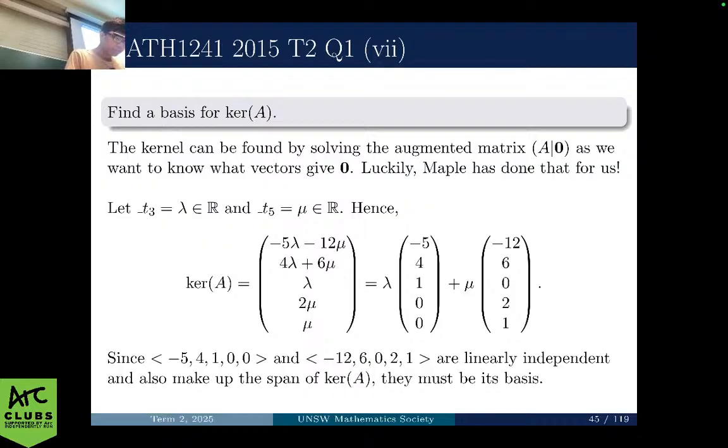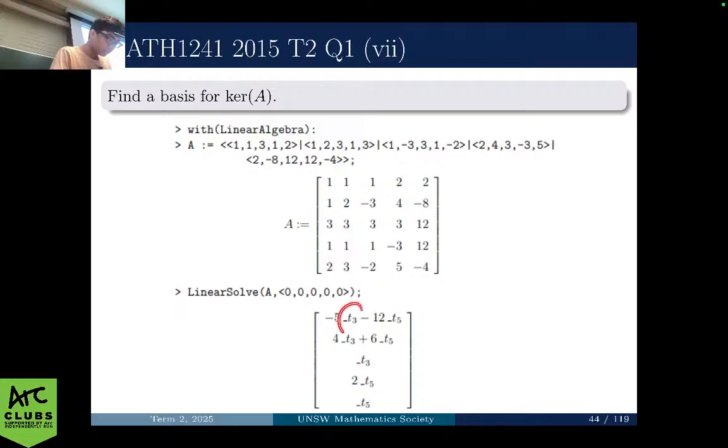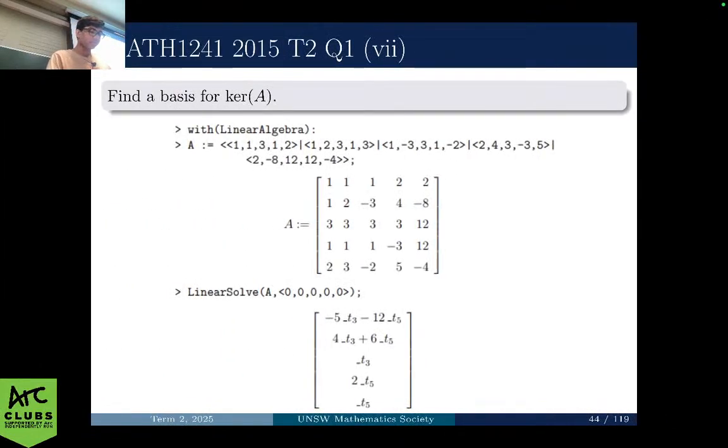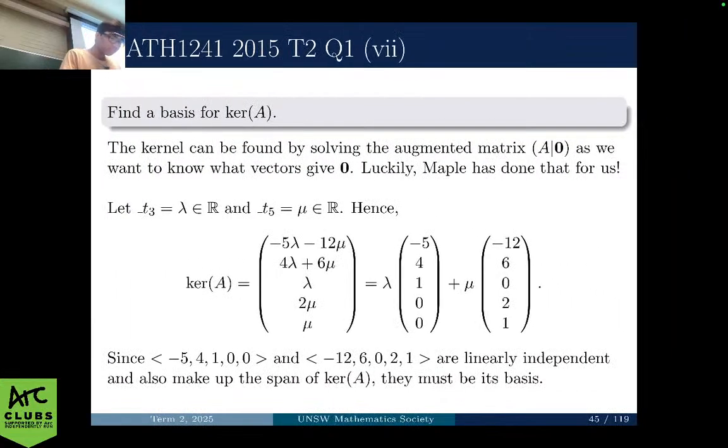So if I wanted to find a basis, here I know this of A, and I have it in terms of this. You notice that here we had t3, t5, those are the only things. I've just decided to call them lambda and mu. Hopefully that's all fine. It tells us that Maple has already solved the augmented matrix. You can just copy the code here, and here I can separate these into lambda and mu.